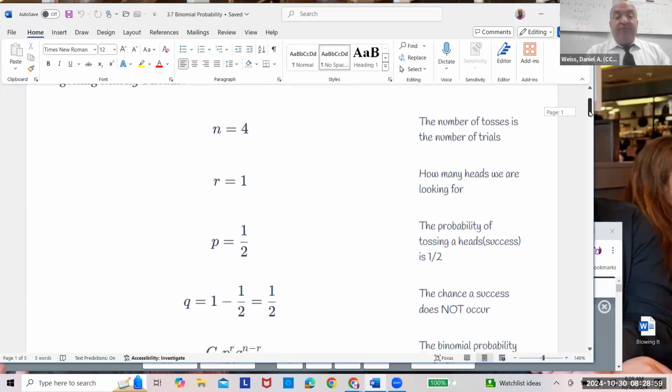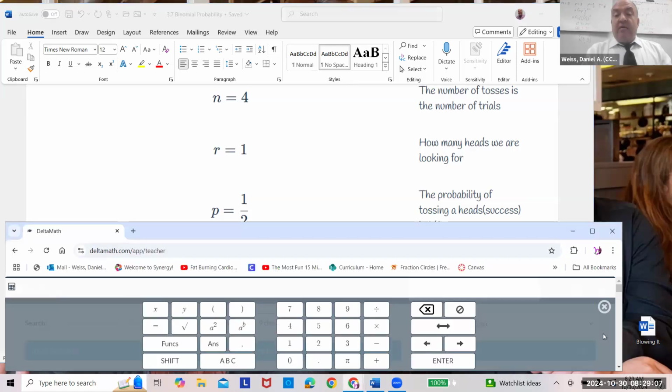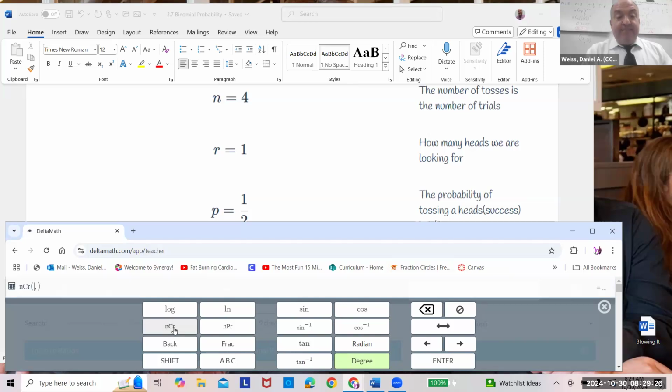Now, NCR. First of all, you need to go to the Delta Math calculator. Do you see funcs here? This funcs button means functions. Click on funcs. And then click on NCR. See NCR? Boom.